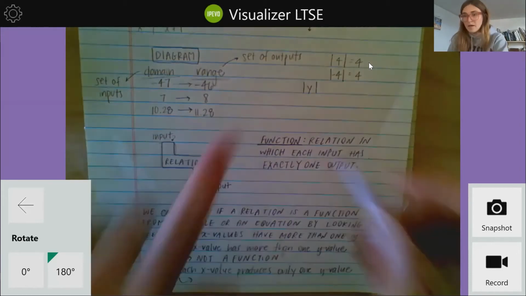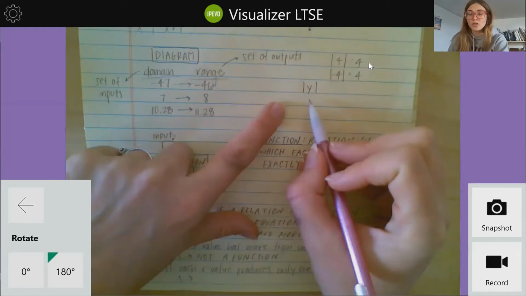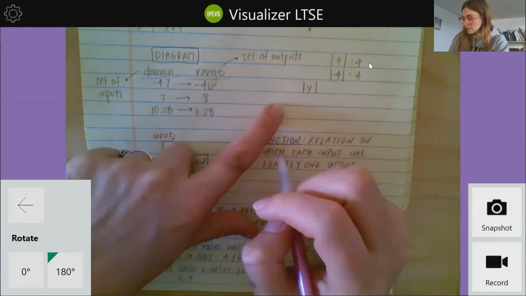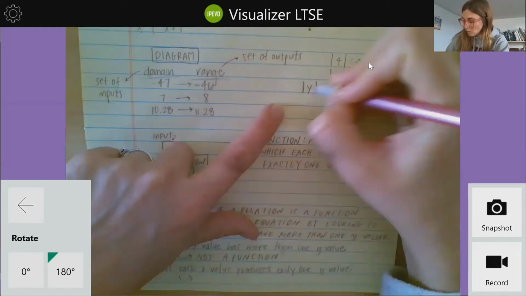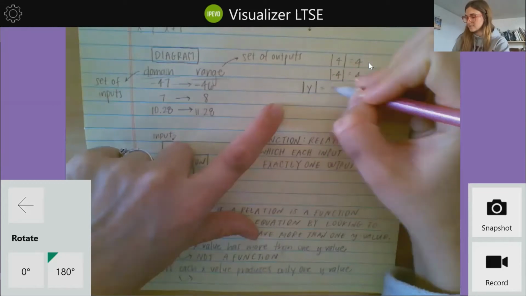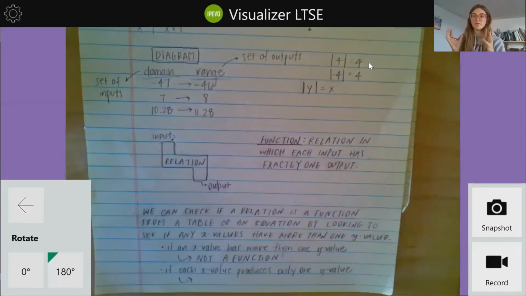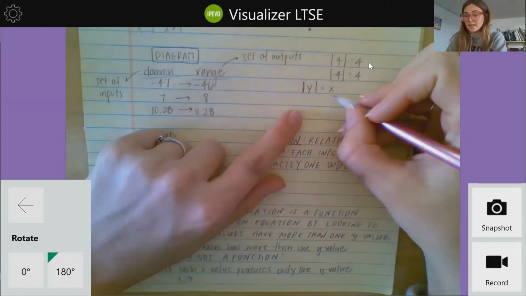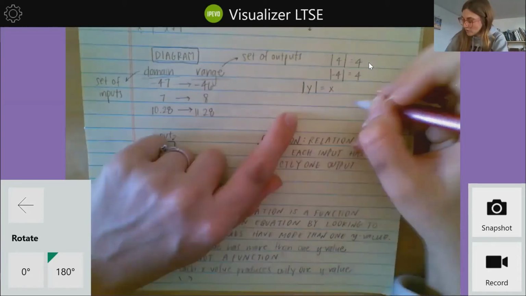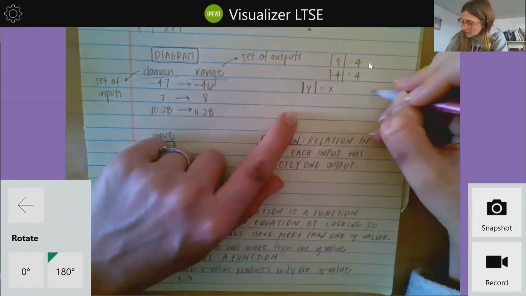So I'm going to set up a relation that includes absolute value. So I have the absolute value of y equals x. Okay. So if I were to choose any number for x, any number as an example, let's say 6. So let's say for x equals, and I'll set up a little input-output table.